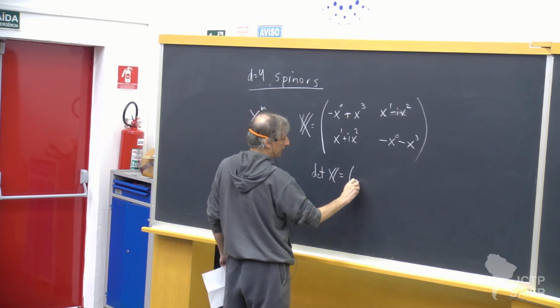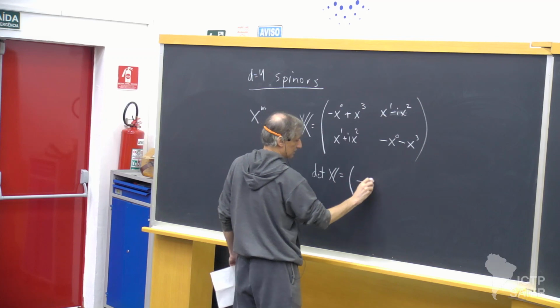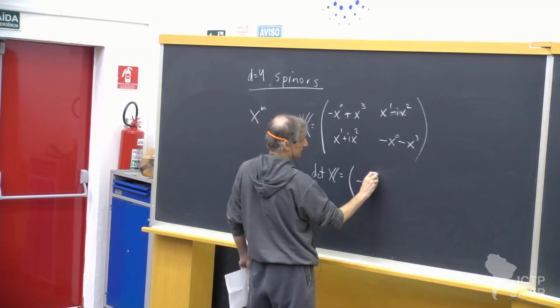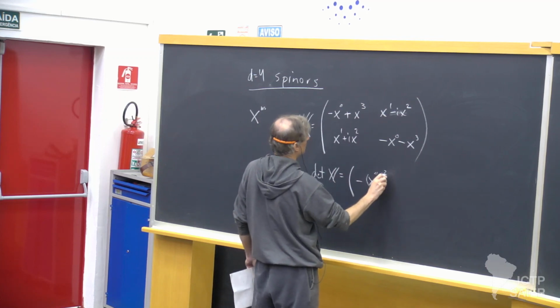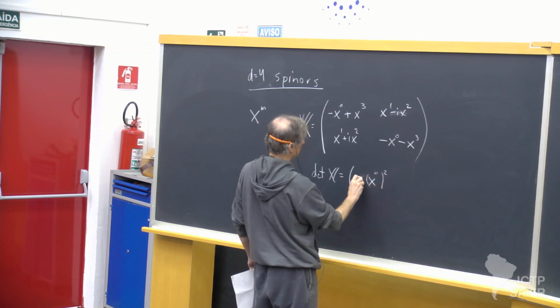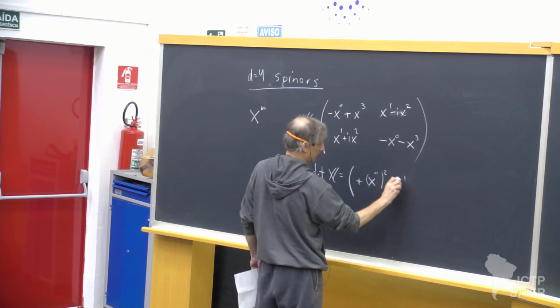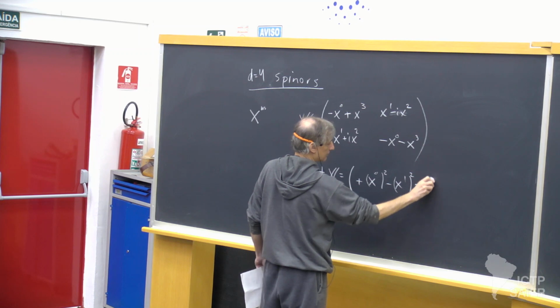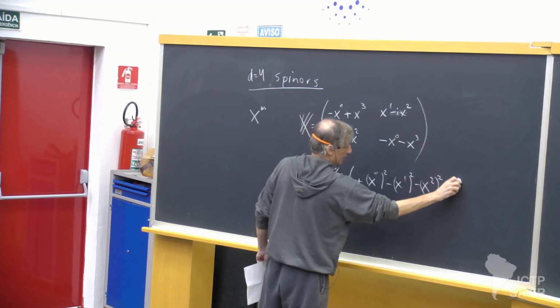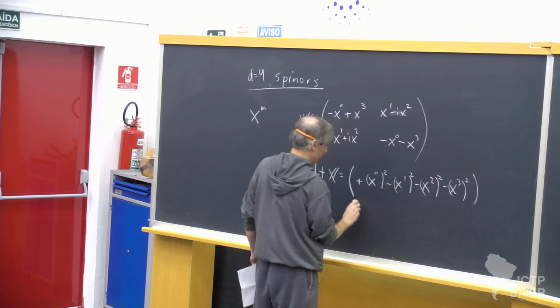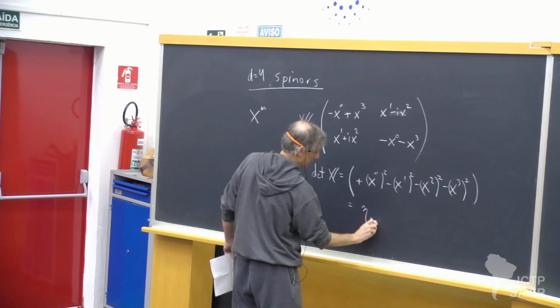It's just equal to minus x0 squared, I guess plus x0 squared... which is just equal to x mu x nu.